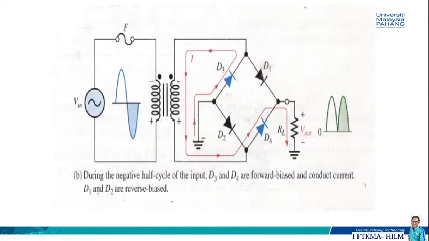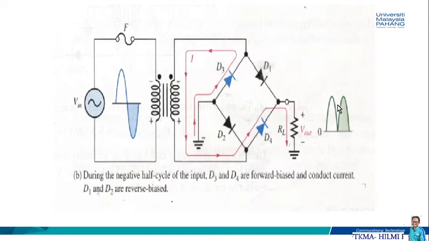Then during the negative half cycle of the input voltage, diodes D3 and D4 are going to be forward bias, but D1 and D2 are going to be reverse bias. Currents are going to flow through D3 and D4, and go to the load resistor and produce an output voltage with a positive value.